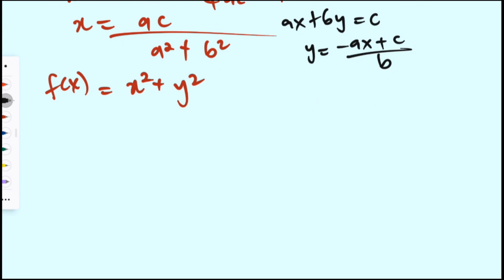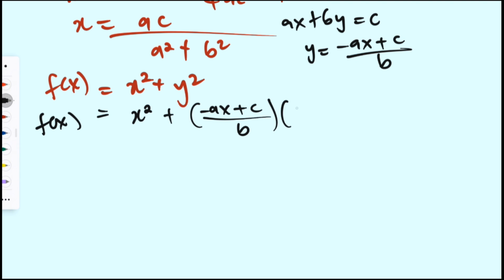Replacing this, f of x is equal to x squared plus the value of y, which is negative ax plus c over b all squared, which is just the same as multiplying it by itself.